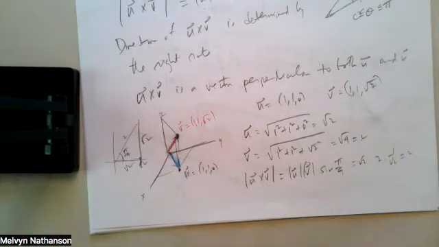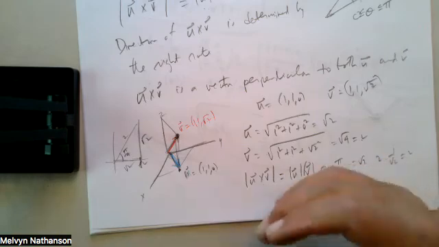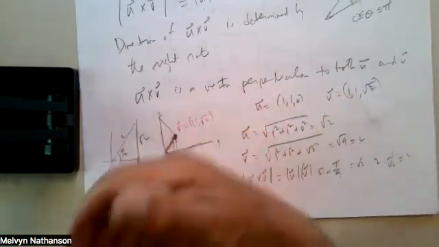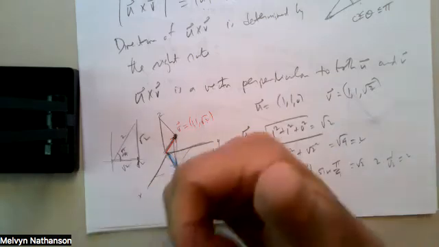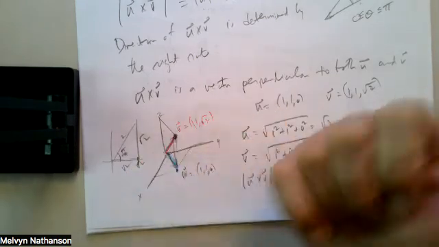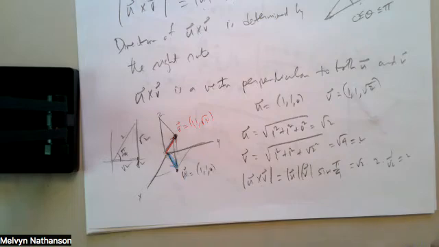And the direction of u cross v, I take u and I rotate it into v, and the direction my thumb is pointing is the direction of the cross product.